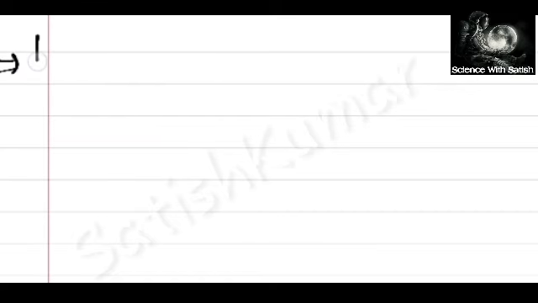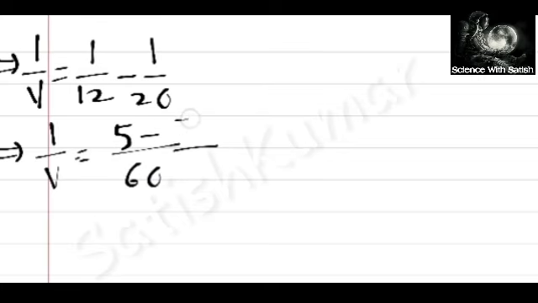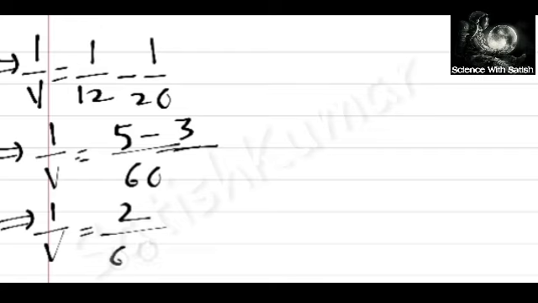So 1 by V equals 1 by 12 minus 1 by 20. We have to take the LCM of 12 and 20, and it will be 60. So 12 5s are 60 and 20 3s are 60, which implies 1 by V equals 2 by 60.